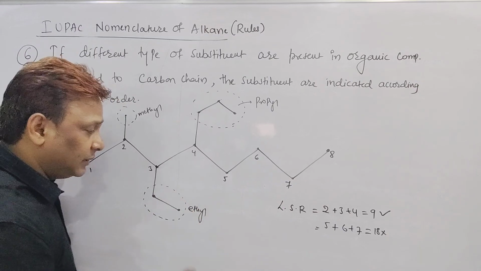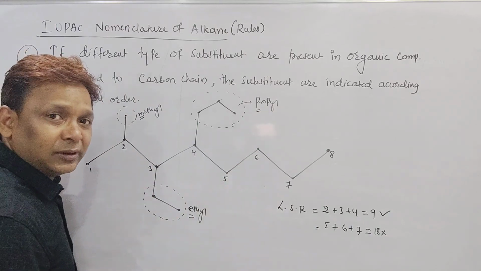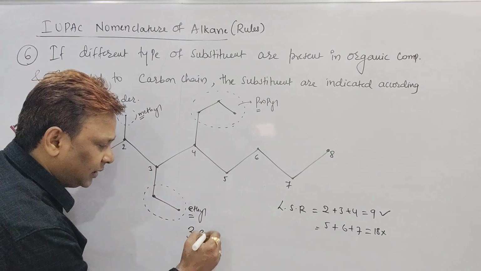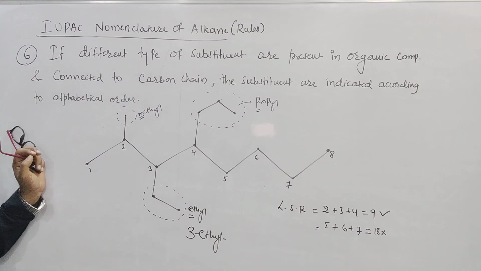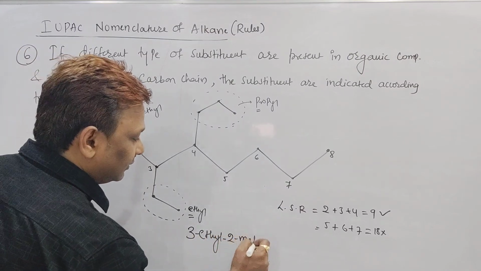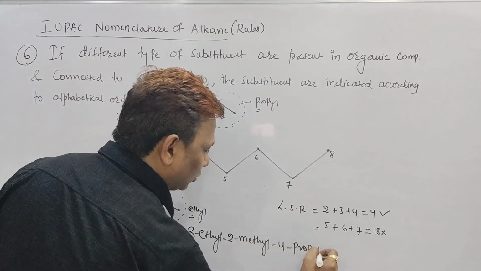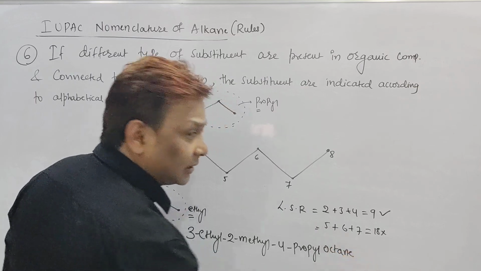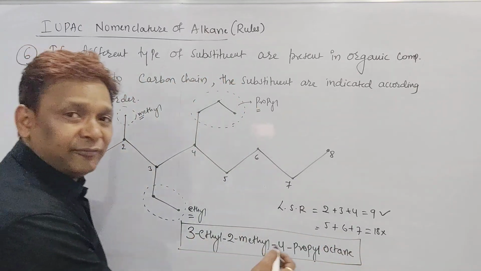No, no, no. Check the alphabetical order: ethyl has E, methyl has M, propyl has P. E should come first, and it is on the third position, so 3-ethyl. Then methyl comes before propyl, so 2-methyl, and propyl is on the 4th carbon, 4-propyl. The total carbon count is 8, called oct, and since there are single bonds, ane. So the IUPAC name of this compound is 3-ethyl-2-methyl-4-propyl octane.